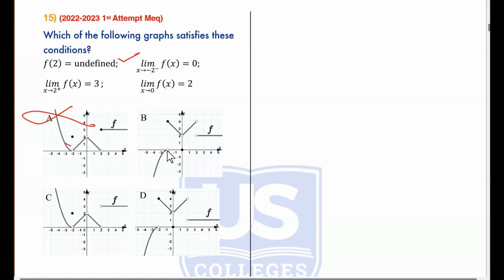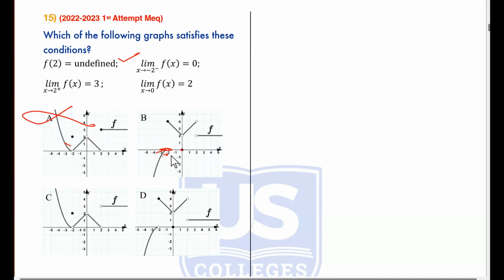Negative 2 from the negative direction. When I approach negative 2 from the left, my function is heading towards this point, right? This is the left part, this is the right part. At the left, the function is tending to this point whose y value is 0.